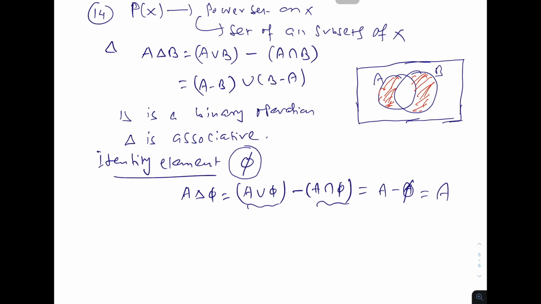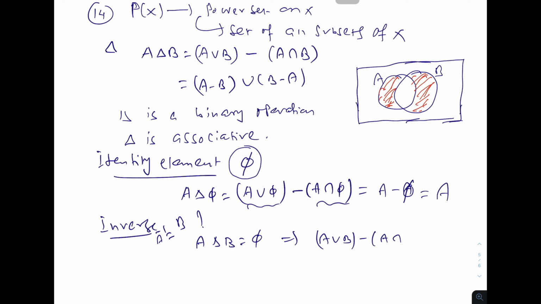One more thing is the inverse. For inverse, suppose B is the inverse of A, then we should have A delta B equal to phi. That means A union B minus A intersection B equal to phi, and this does not happen for any B except B equal to phi.